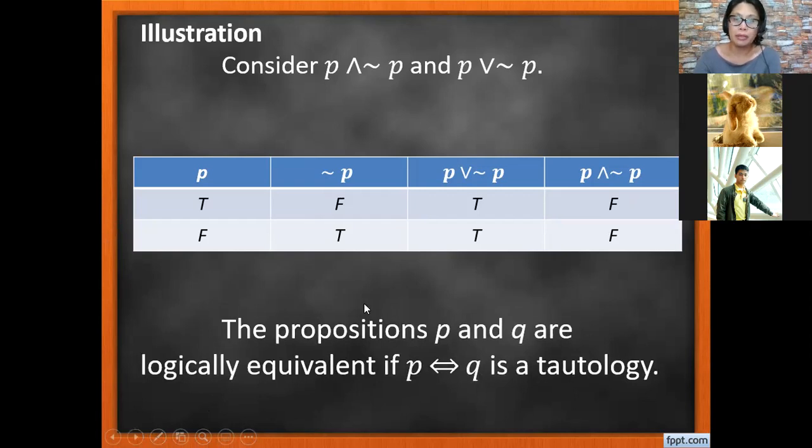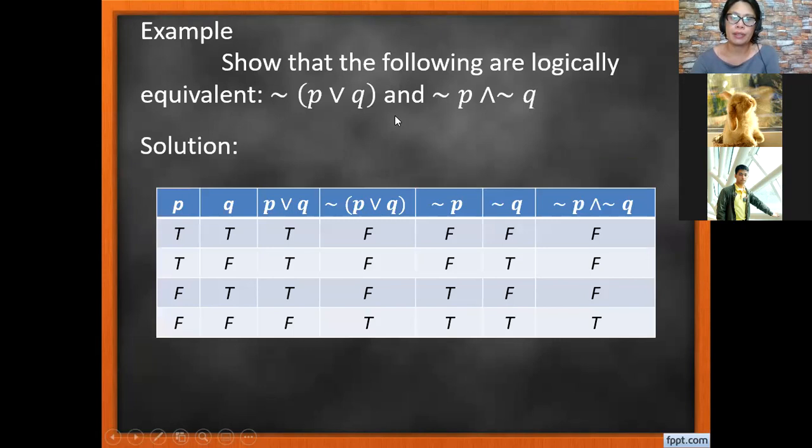Okay. Now, as regards tautology, the propositions P and Q, class, are logically equivalent if P is equivalent to Q is a tautology. Okay? So, let's work on an example for logical equivalence.